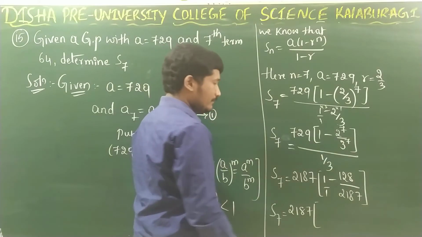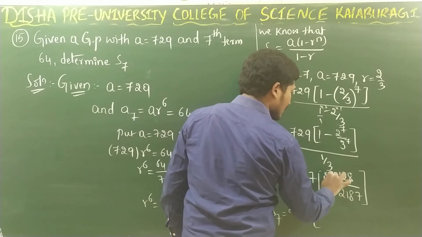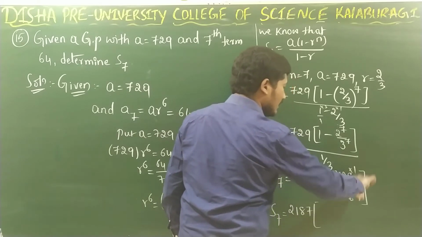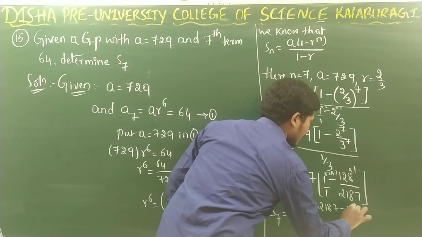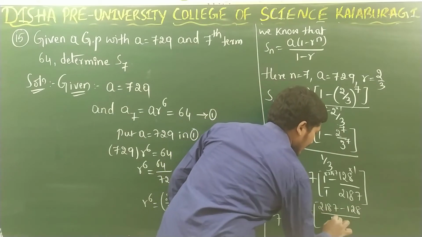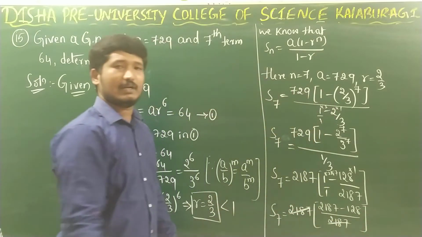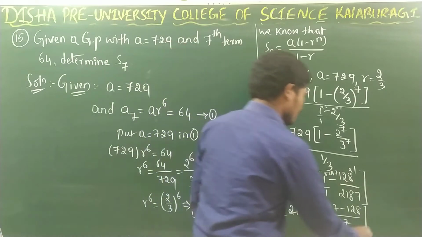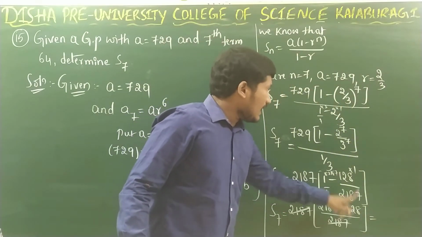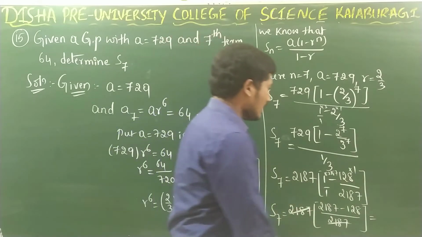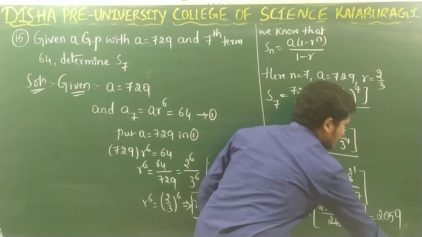It is 1 by 1. The LCM will be 2187. So here I will multiply 2187, here I will multiply 1. So in the numerator you get 2187 minus 128, divided by 2187. The 2187 and 2187 get cancelled. So when you subtract these two terms, the answer you get will be 2059.